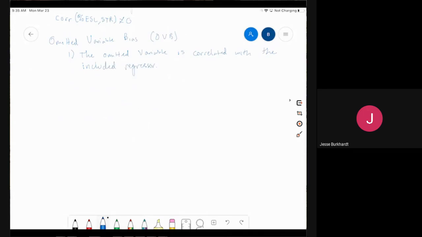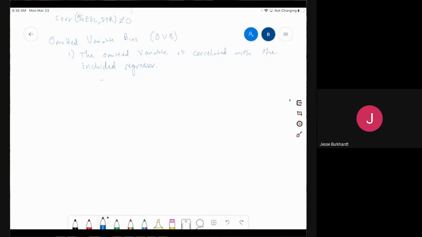Okay, what does that mean? The variable contained in U, the one we're concerned about, in this case percent ESL, has to be correlated with student-teacher ratios, the included regressor.